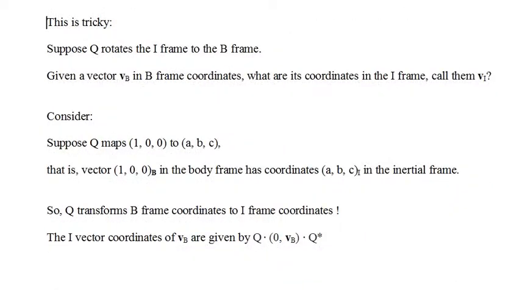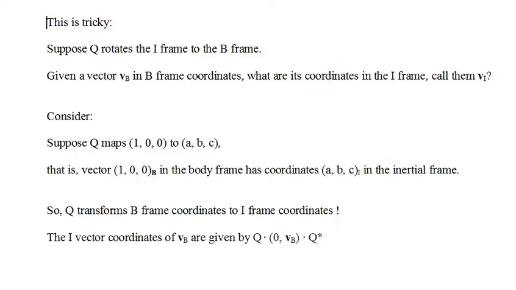One detail remains. Given a vector in B frame coordinates, what are its coordinates in the I frame? Let Q be the quaternion that rotates I frame basis vectors to B frame basis vectors. And note that we're assuming that the origins of the B frame and the I frame are the same. Suppose Q maps the vector 1, 0, 0 to a, b, c.